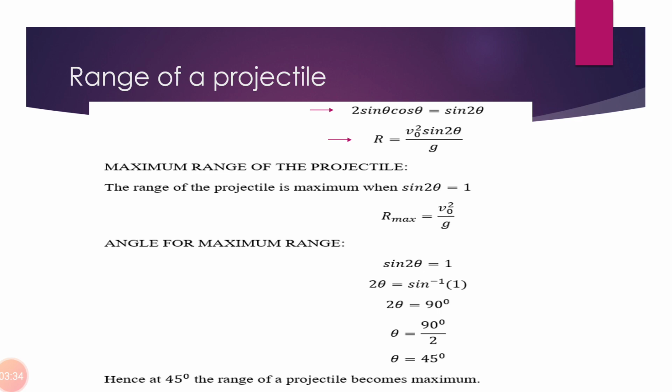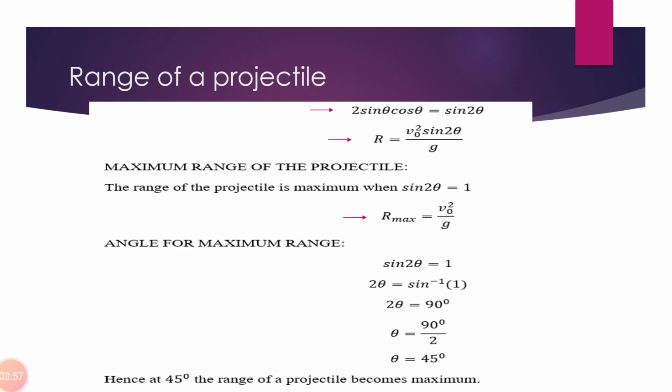So what could be the maximum range that a projectile can attain? In order to find it out, we have to set sin 2 theta equal to 1, because the range of the projectile will be maximum when sin 2 theta is maximum. Setting sin 2 theta equal to 1, we get maximum range equal to v0 square upon g.